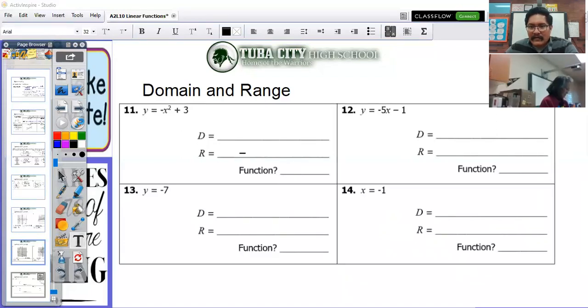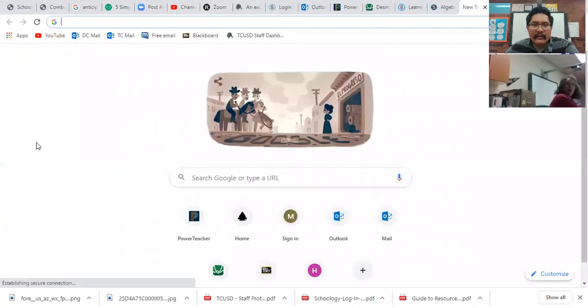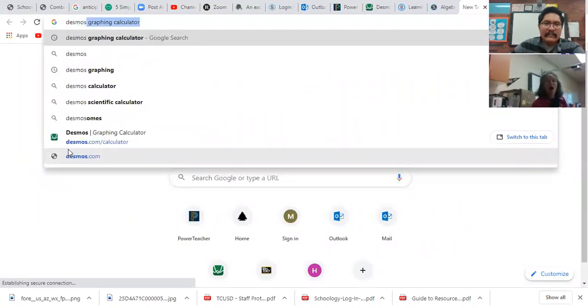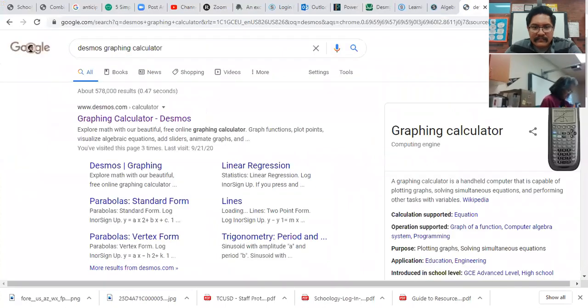So let's see, I'm at my Zoom meeting now, and I'm going to go open a new tab, and you just type in Desmos, D-E-S-M-O-S, and it's usually the first item that appears on your search. And then you're gonna just click on the first item.